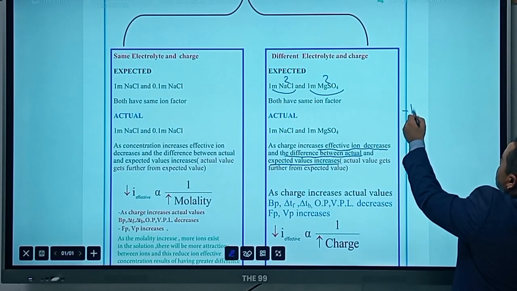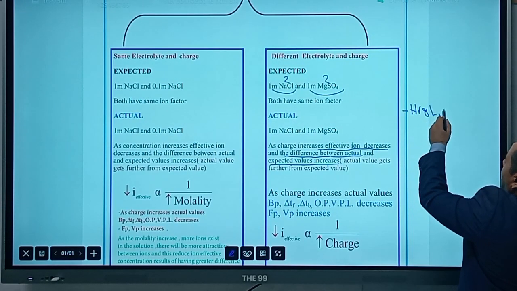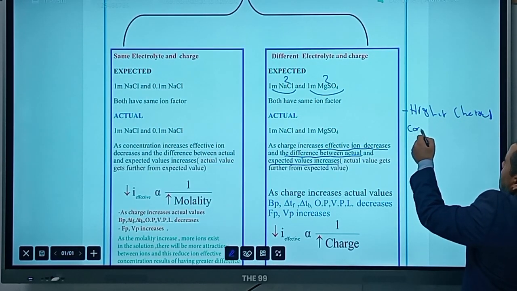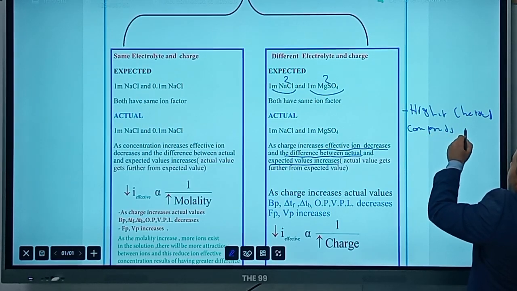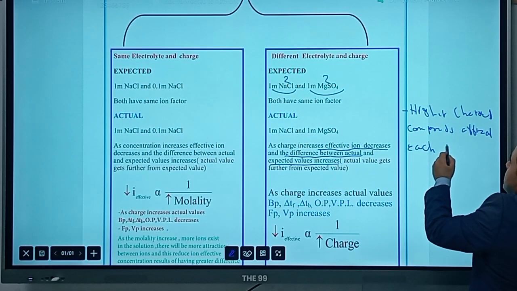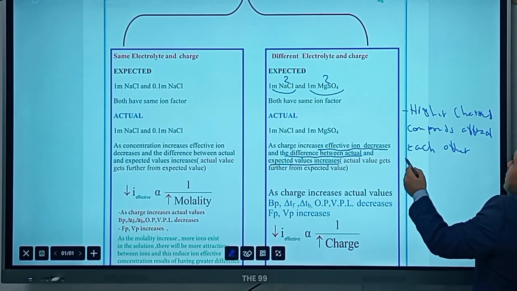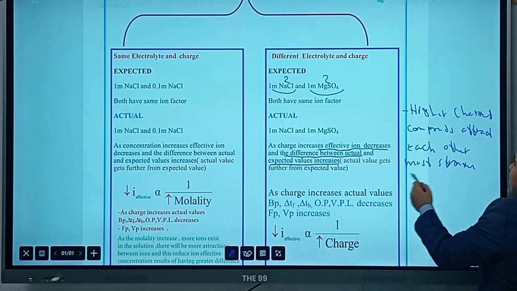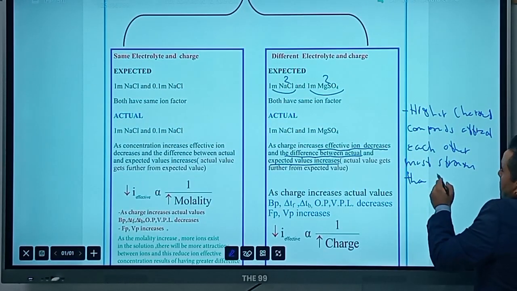We have this statement: higher charged compounds attract each other much stronger than lower charged compounds.